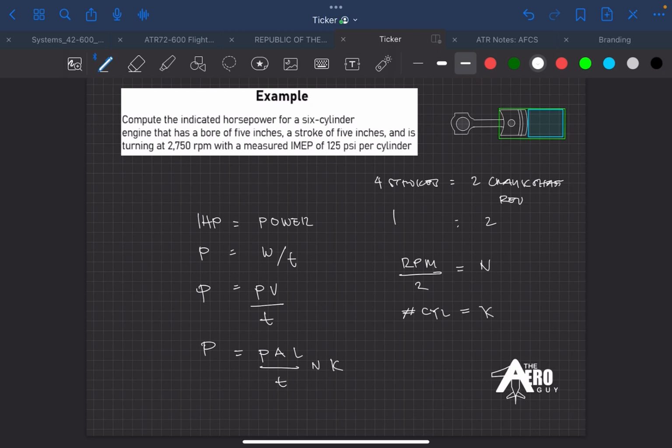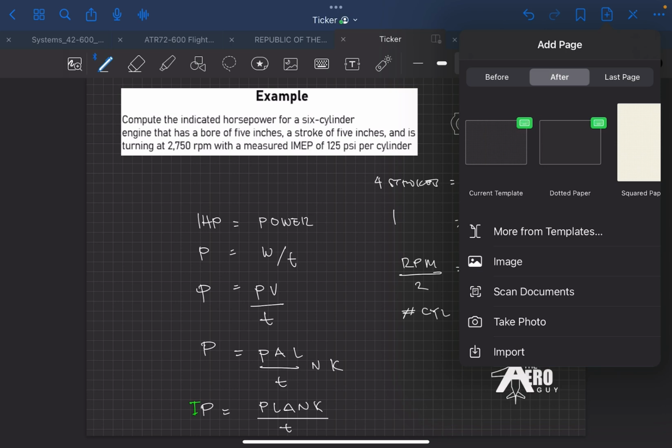For easier memorization, we represent the indicated power by rearranging the terms P, L, A, N, and K, or the factors, divided by time.